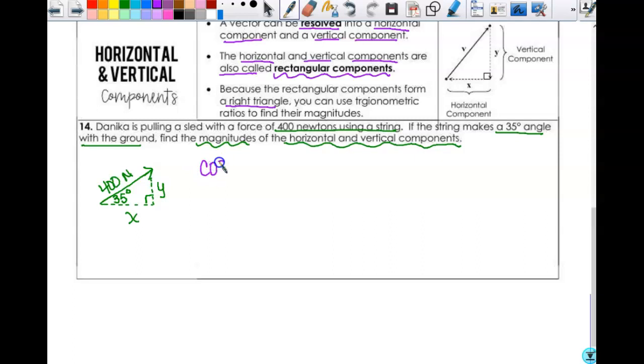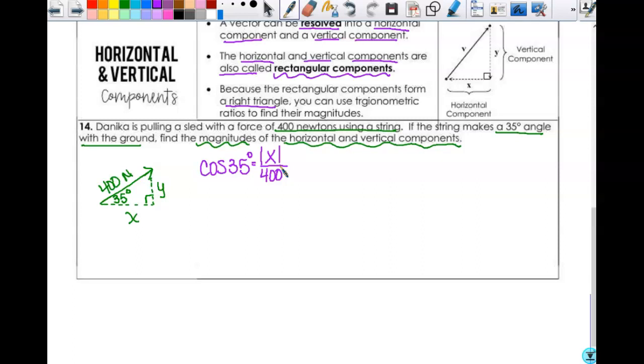So the cosine of 35 degrees is equal to x over that 400 newtons. Because this is a triangle, we're talking lengths here, so whatever you find is always going to give you a positive number. So this is going to give you the absolute value of x because it could be a negative component.